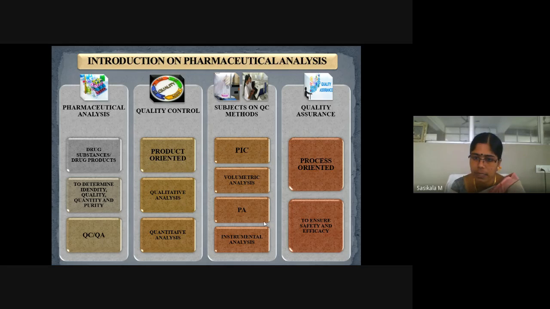You must learn instrumental analysis clearly. You need to know the principle, how to operate the instrument, what type of samples are analyzed, how much sample we need to prepare, what the preparation procedures are, what the detection procedures are, and how you will analyze the results. Everything you are going to study in the pharmaceutical analysis subject.